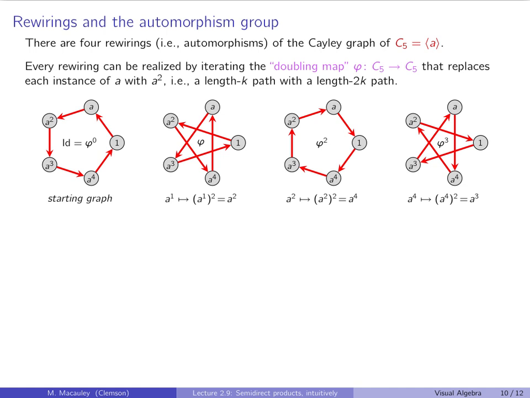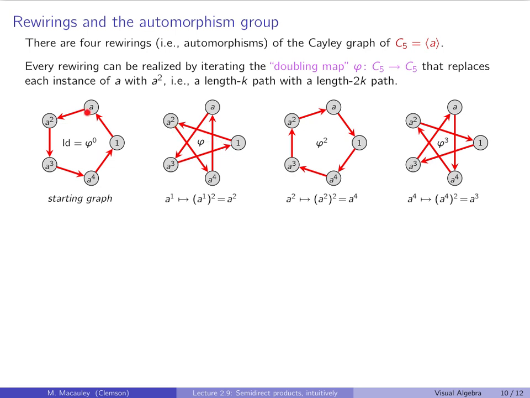Here are those 4 rewirings. If we take this one to be our starting graph, then this one is achieved by replacing each copy of A with A squared. You can think of that in terms of the graph as replacing each red arrow with a double red arrow. So red now becomes the new generator.